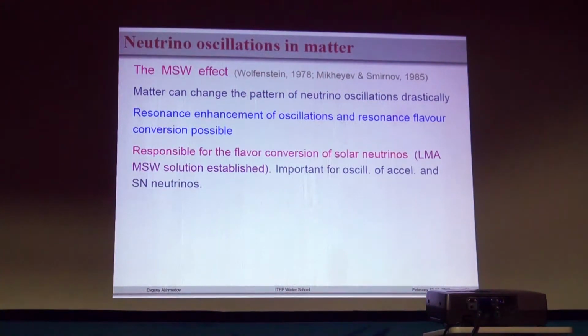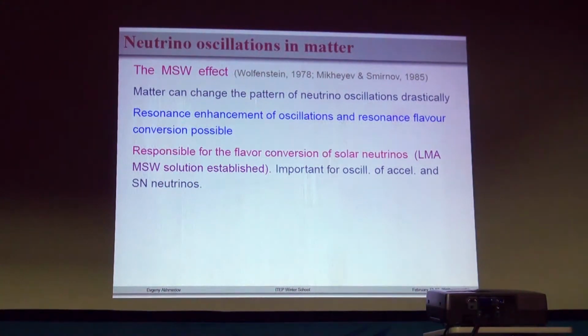It turns out that the MSW effect, the resonant enhancement of neutrino oscillations in matter, is actually responsible for the conversion of solar neutrinos. I mentioned before that the solar neutrino experiments observed some deficiency of the signal from solar neutrinos compared to the expectation. This was dubbed the solar neutrino problem.